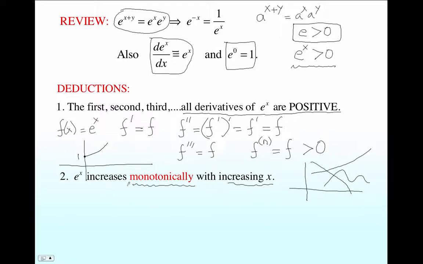Anyway, let's come back to the fact that e to the x increases monotonically. Why is that? Because the first derivative, f prime, is always positive, which means that the exponential is always sloping upwards. It's never going to have a maximum and come down, because at the maximum f prime would have to be 0.